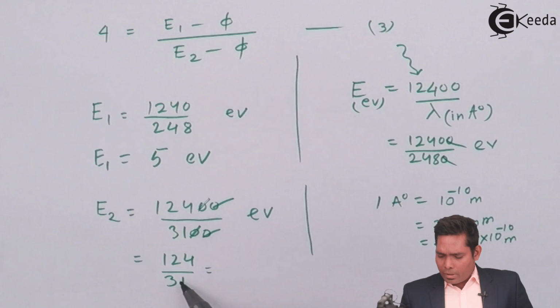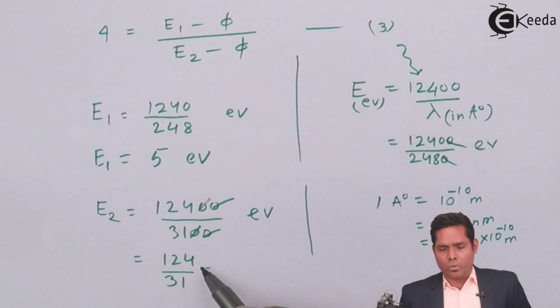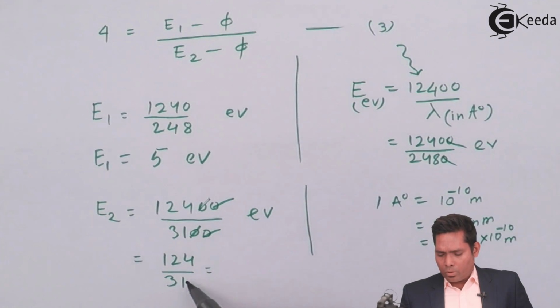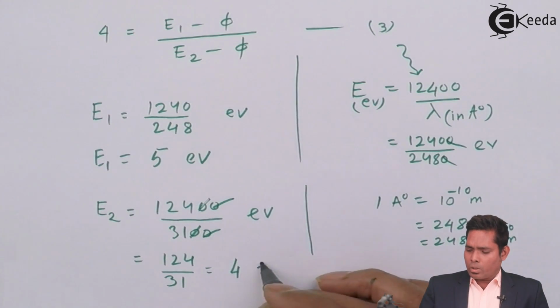If this is 30, then 4 times 30 is 120. So 4 times this value will be 124. So this will be 4. So this is 4 electron volt.